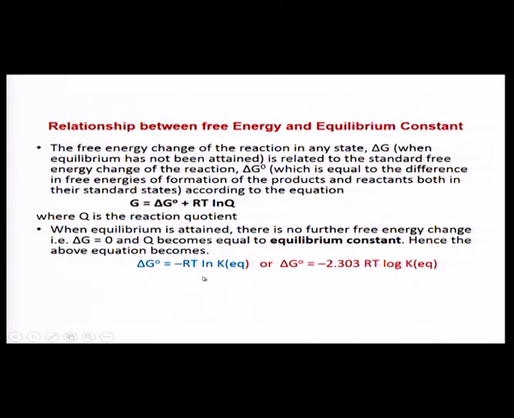So the rule here is, if the equilibrium constant value is high, the reaction is spontaneous or feasible, and that is also supported by the G value, which will be more negative.